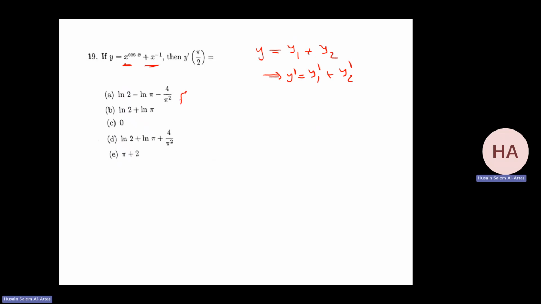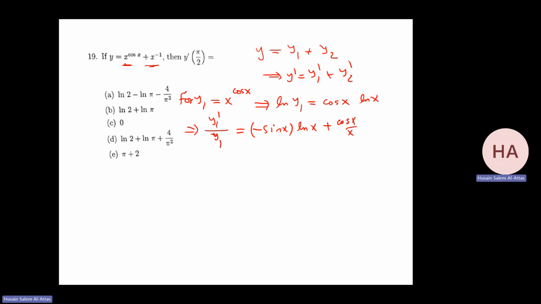For y1, which is x to the power cosine x, I can take ln. So I have ln y1 equals cosine x ln x, and do the derivative. So y1 prime over y1 equals minus sine x ln x plus cosine x over x.